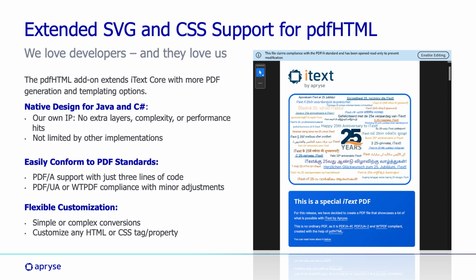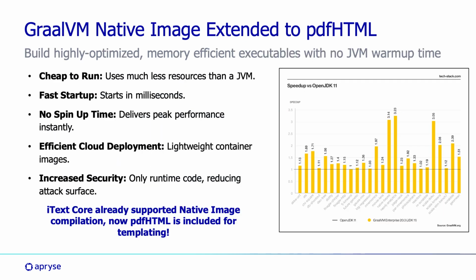Pretty cool stuff. So another thing that we've introduced, you might remember that we've introduced GraalVM for iText Core. So we've extended it to pdfHTML as well. With GraalVM, it's ahead-of-time compilation technology, with code compiled to binary standalone executables instead of running on a JVM.